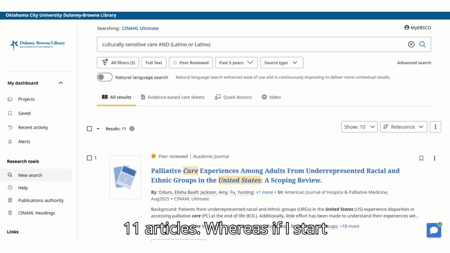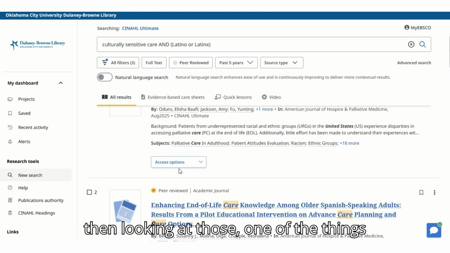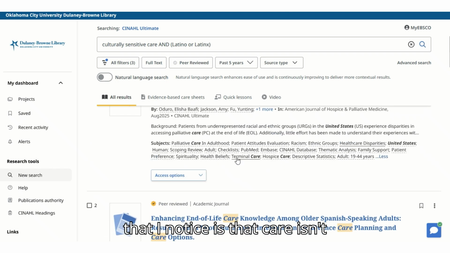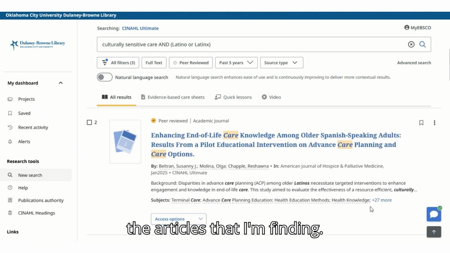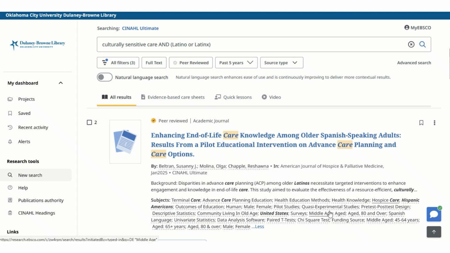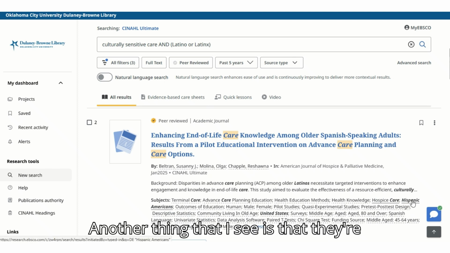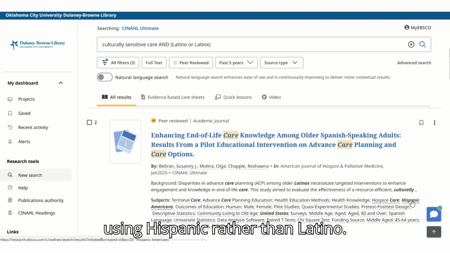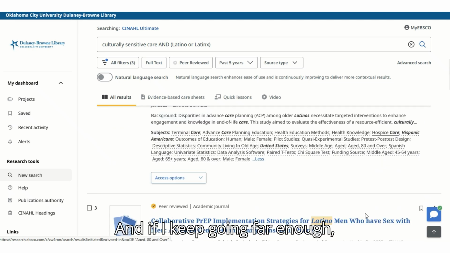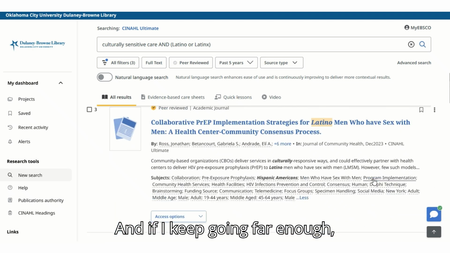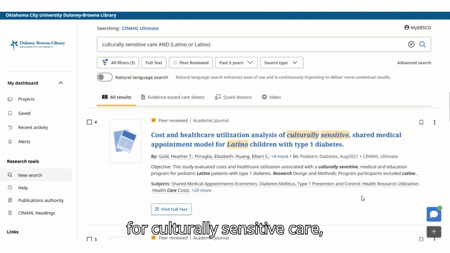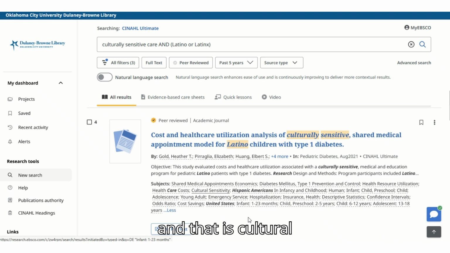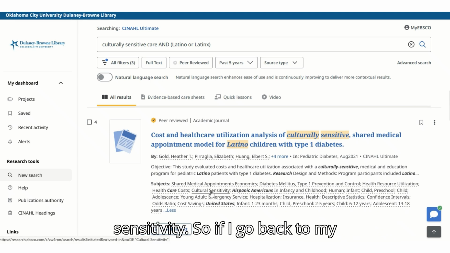I only found 11 articles. Whereas if I start looking at those, one of the things that I notice is that care isn't associated with culturally sensitive in the articles that I'm finding. Another thing that I see is that they're using Hispanic rather than Latino. And if I keep going far enough, I will find the term that they're using for culturally sensitive care. And that is cultural sensitivity.